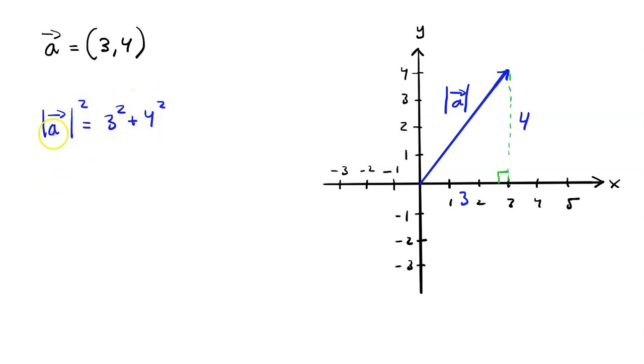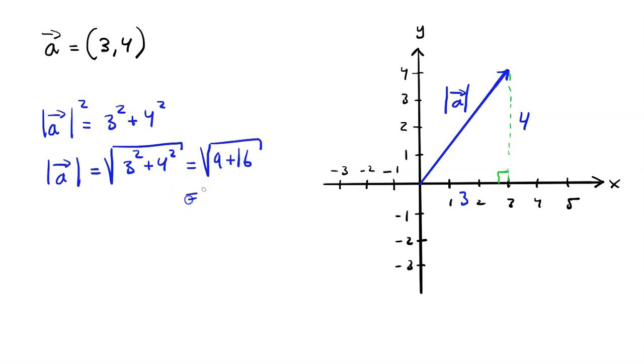So the length of A squared is equal to 3 squared plus 4 squared, which means that the length of A is equal to the square root of 3 squared plus 4 squared. And this is 9 plus 16. So square root of 25, 5. So the length of vector A is 5.